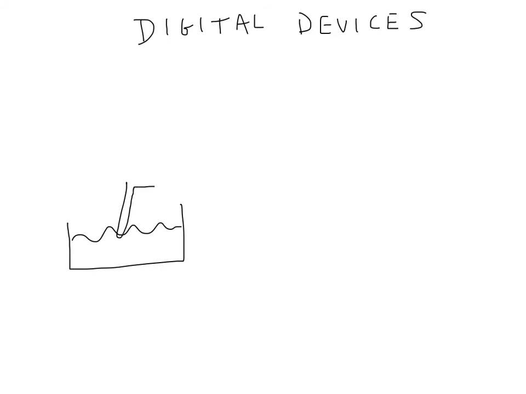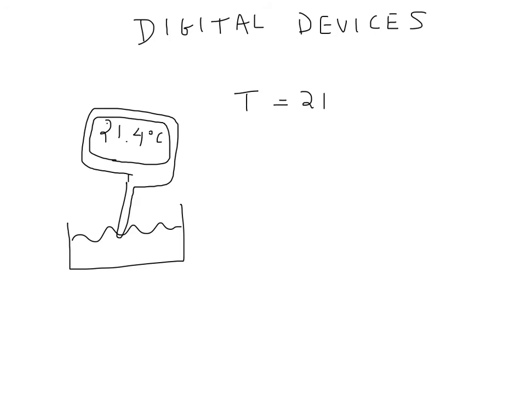So I've got this fluid, I'm measuring it with a thermometer, and it's a nice big thermometer. The reading on the thermometer is 21.4 degrees Celsius. There it is, T equals 21.4 degrees.